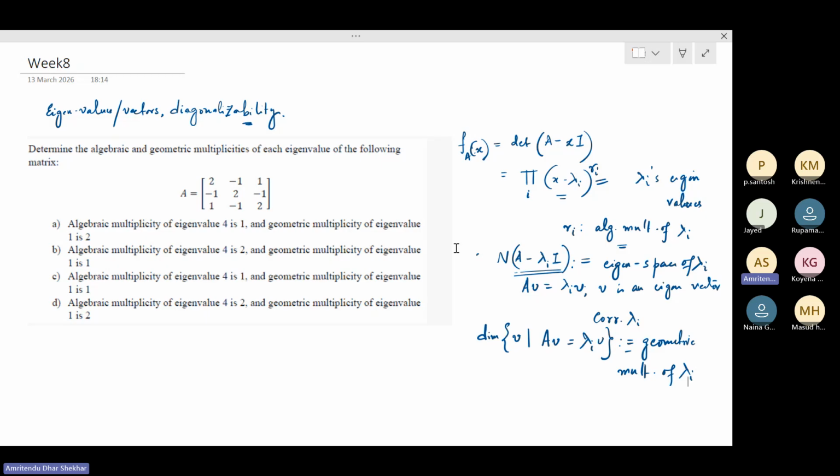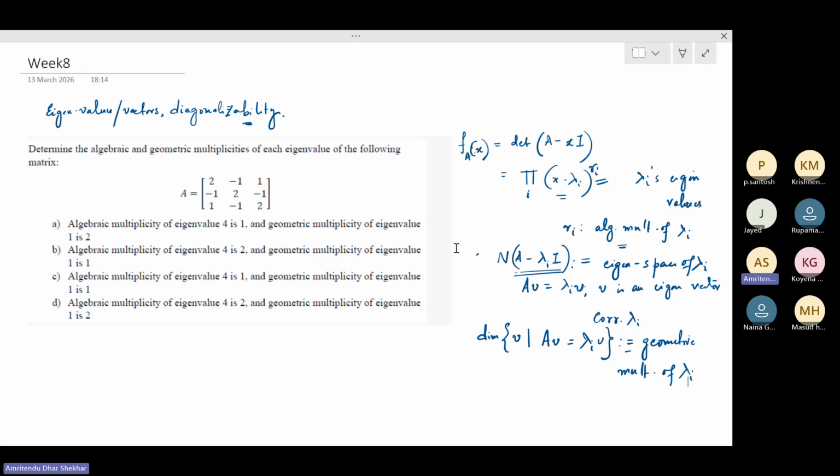There are of course multiple ways to find the eigenvalues of the matrix A. You can try to change this matrix into some kind of an upper triangular form maybe.